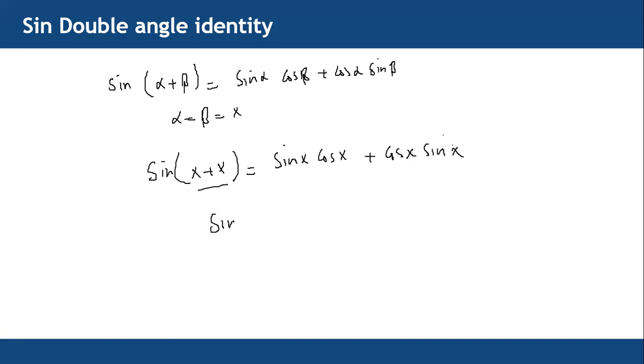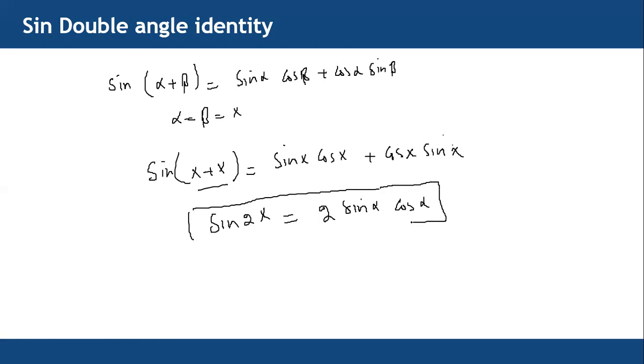So sine of 2x equals 2 sine x cosine x. This is the double angle formula, double angle because we have 2x.